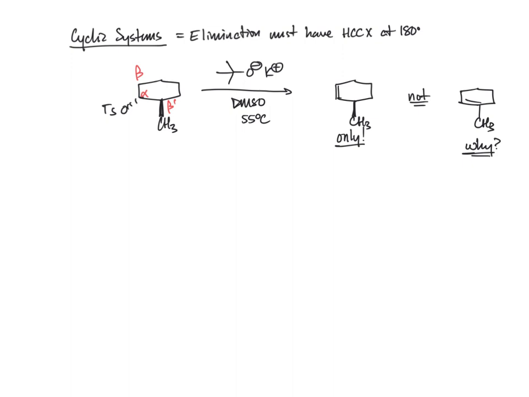So what I'm going to do first is convert that flat cyclohexane to a chair. The methyl group is up, so I'm going to put that methyl group here. That's up. The hydrogen bonded to it is down.